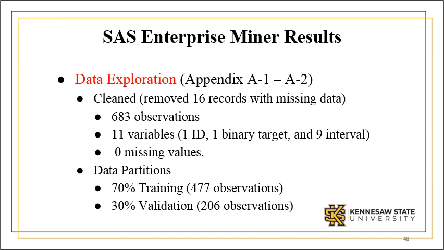Normally, it would not be necessary to delete records if you're just using decision trees. Decision trees are able to handle missing values. But in this case, I'm also going to create regression models, which does require full records and no missing data or invalid data. I also created data partitions, 70% for training and 30% for validation.